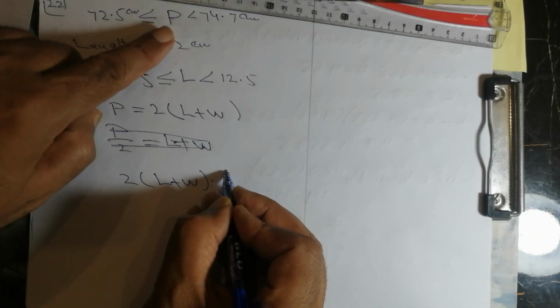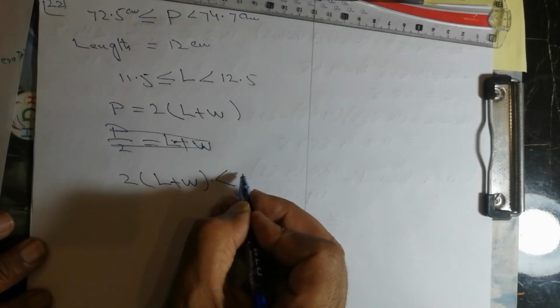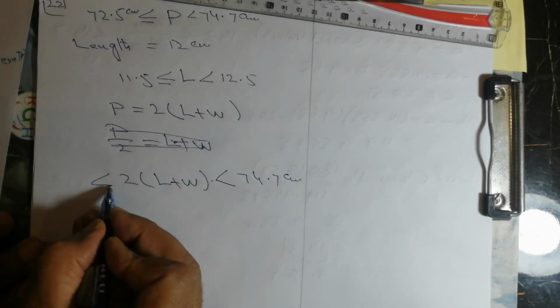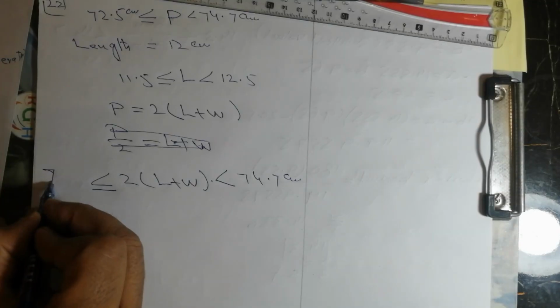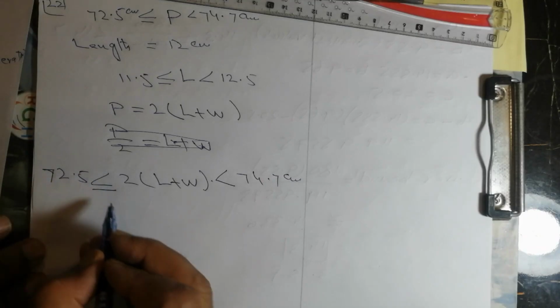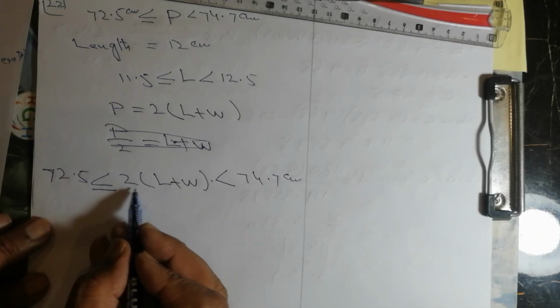So this is less than or equal to 74.7 centimeters and greater than or equal to 72.5 centimeters. Now divide by 2.